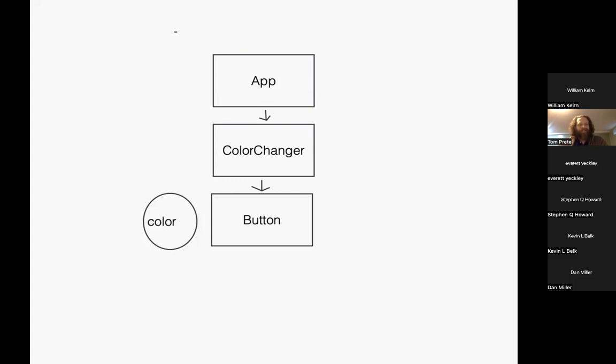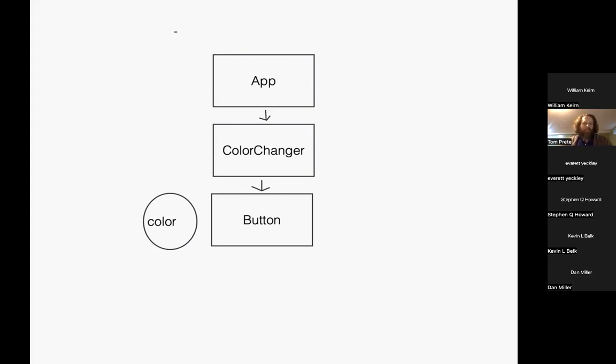So we have now kind of, let's say, a clash where button is controlling, so button has all the information about what the background color is. But button is supposed to only worry about the button.